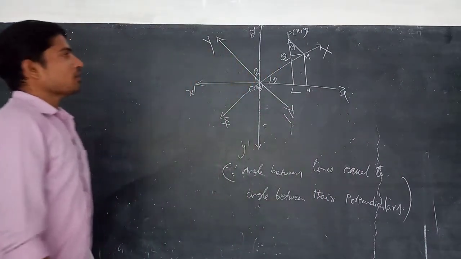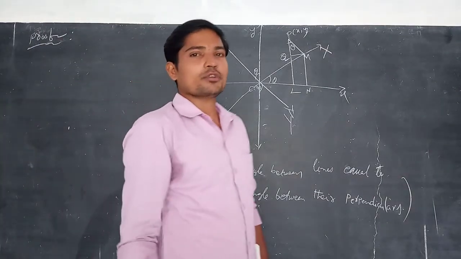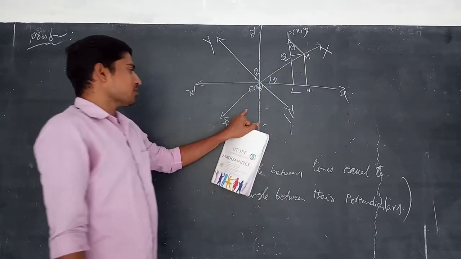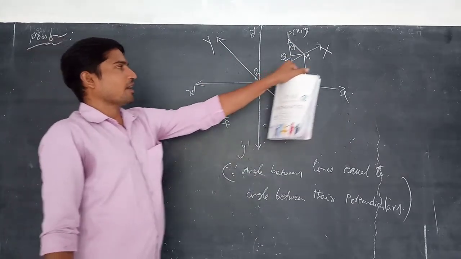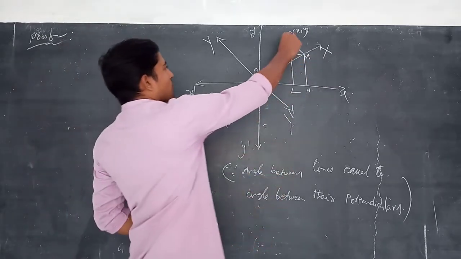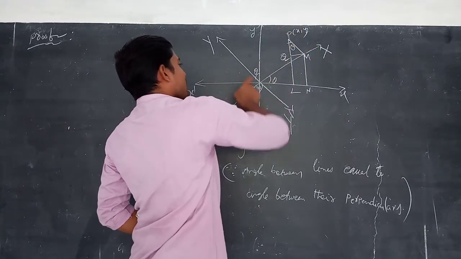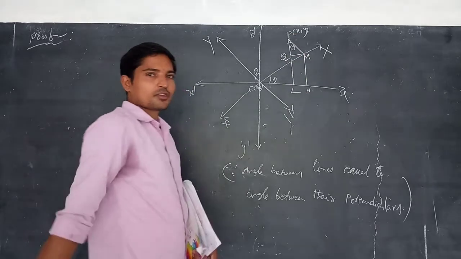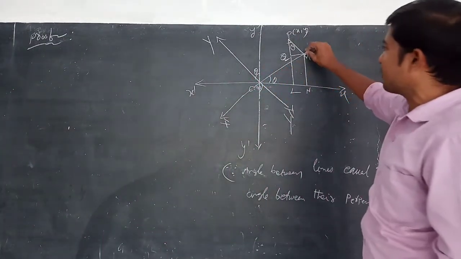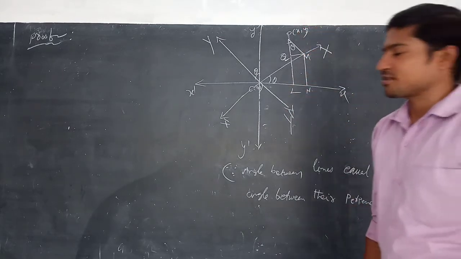I dropped projections from P: to the new axis X'OX capital, the projection is M, and to X'OX it is L. These are the projections. At the same time, I dropped two projections from M to PL and M to X'OX.